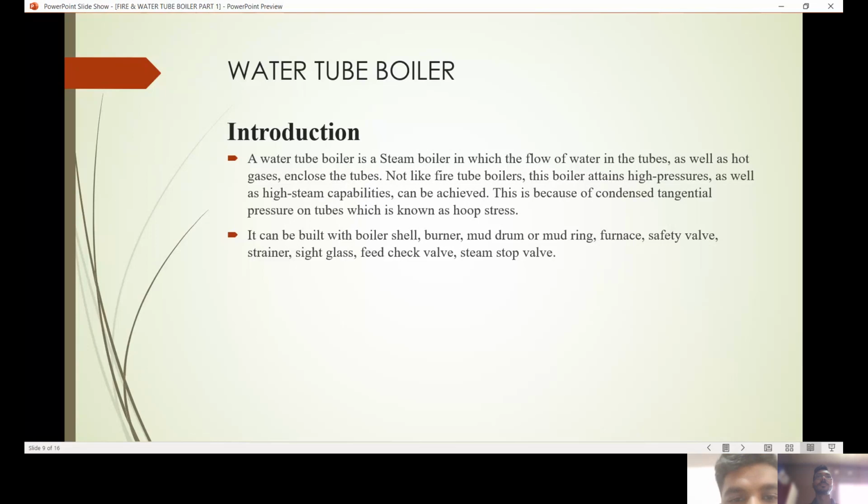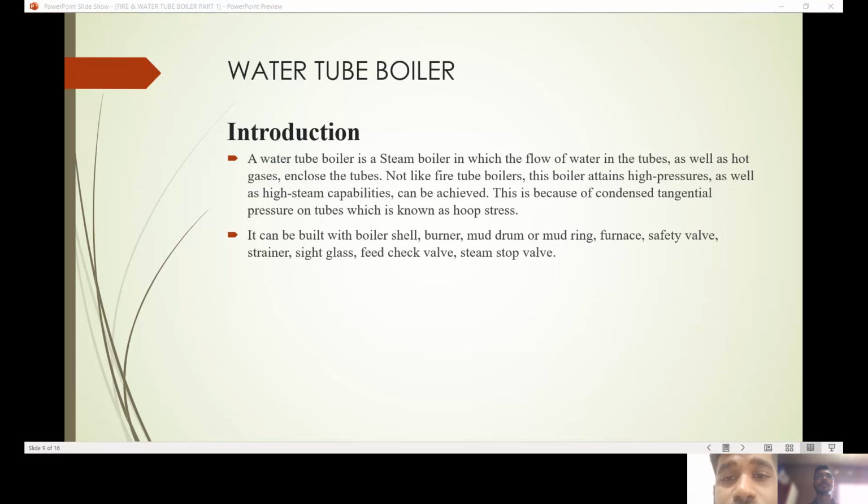Water tube boiler. Introduction. A water tube boiler is a steam boiler in which water flows in the tubes and hot gases enclose the tubes, unlike fire tube boilers. In this boiler, high pressure as well as high steam capacity can be achieved.